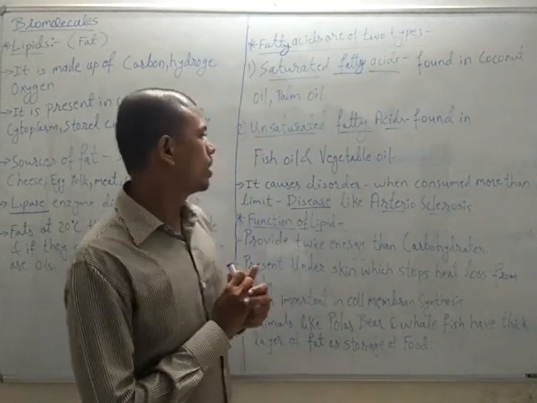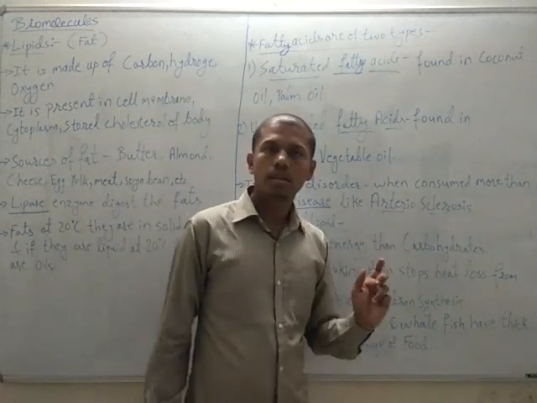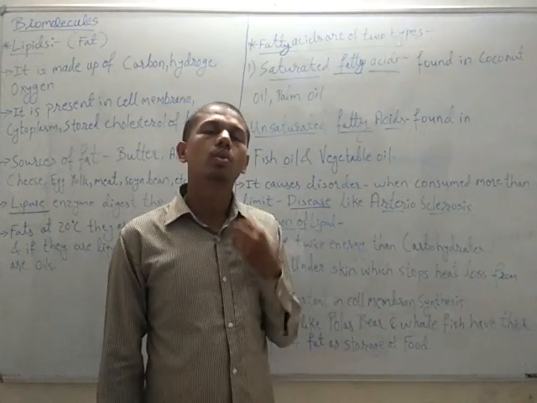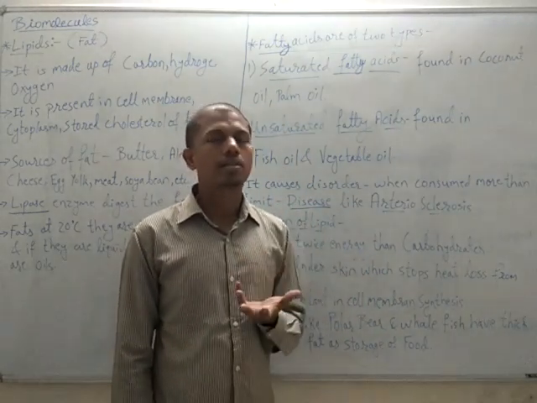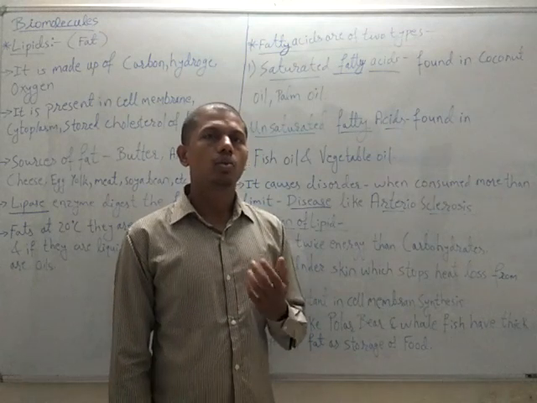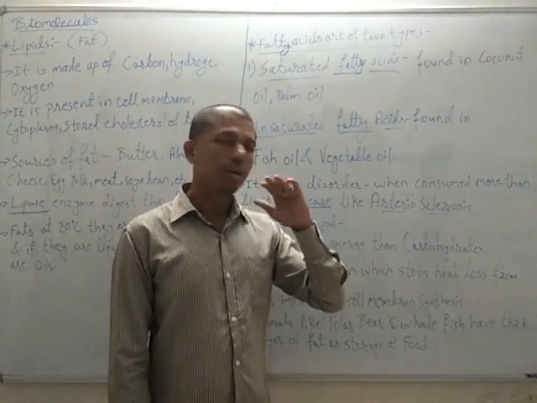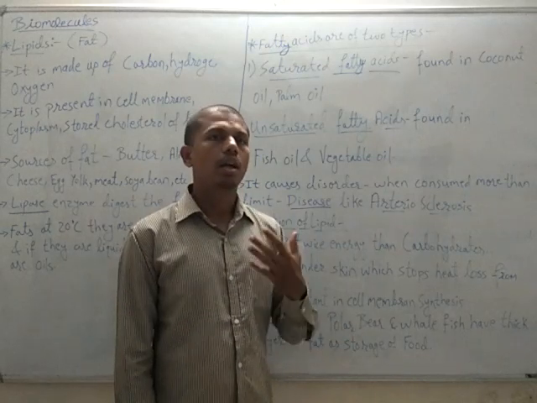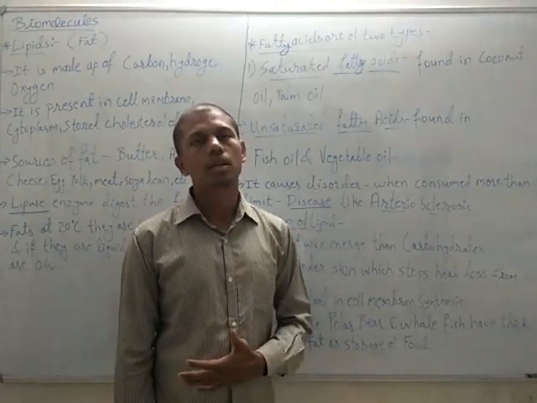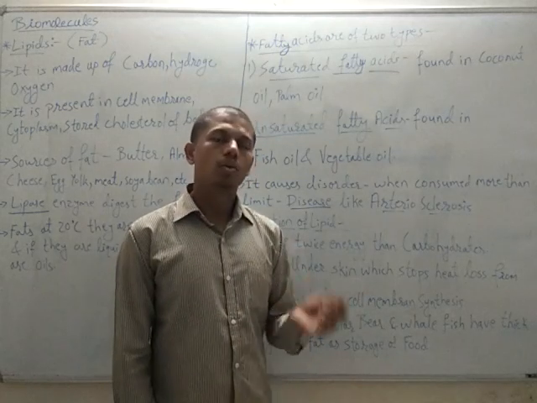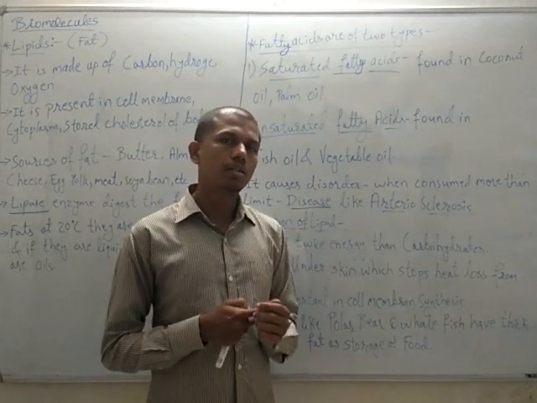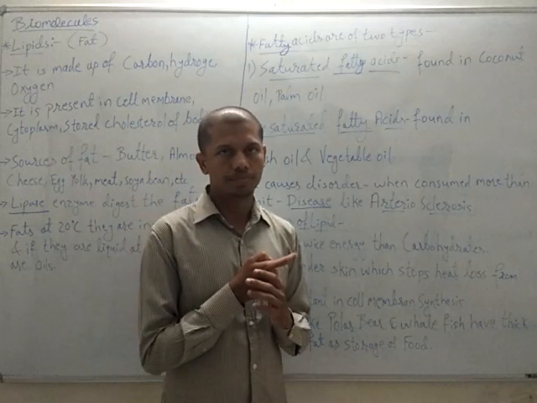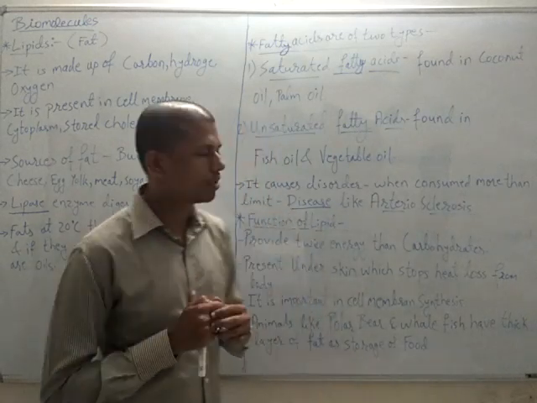When you eat more amount of fat, there is extra fat, so that will deposit in the blood vessels, artery and vein. Our blood circulatory system is made up of blood vessels, and our blood is circulating through them.